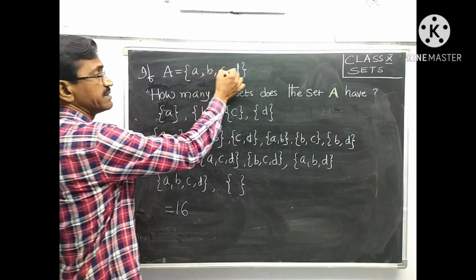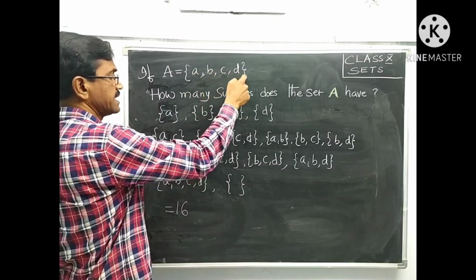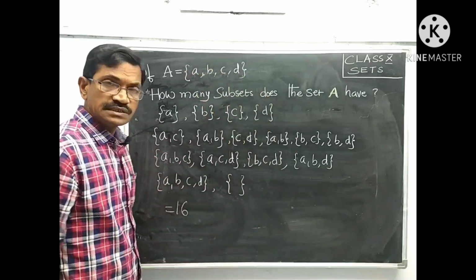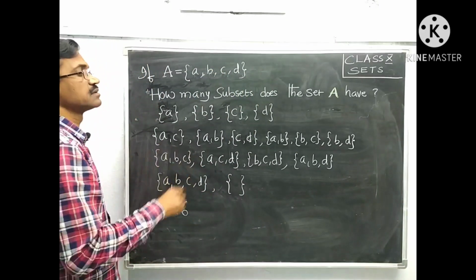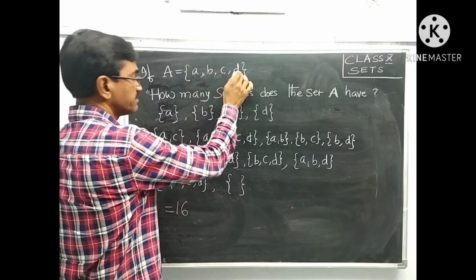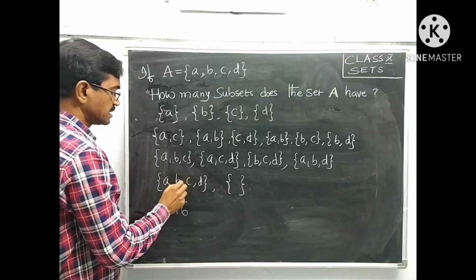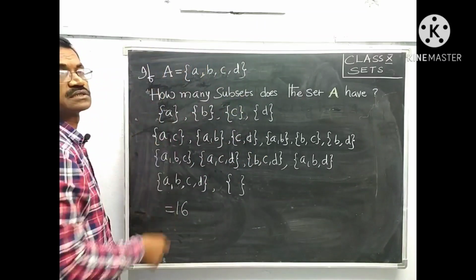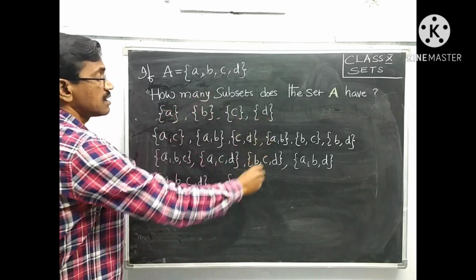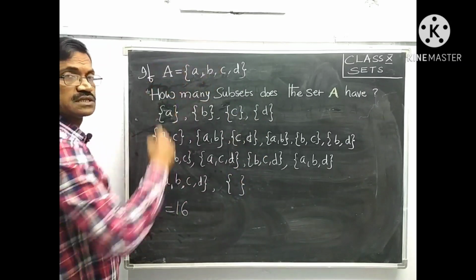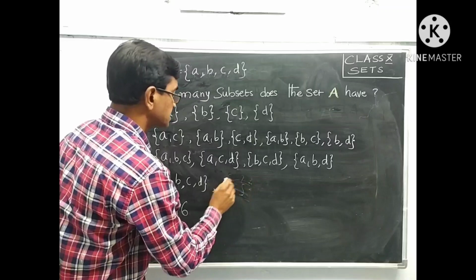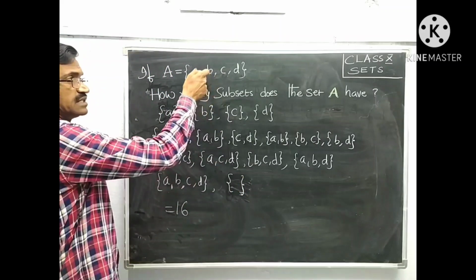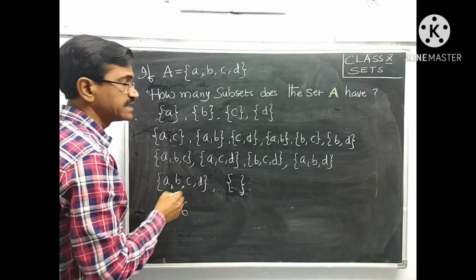Now take three elements: ABC, ACD, BCD, ABD. If any set is repeated, avoid that one. Next, take four elements, only ABCD we get. Every element of all these sets also belongs to this set. That's why these are all called subsets of this set. Moreover, the empty set, or phi, the null set, is also a subset of this set. So we got 16 subsets.